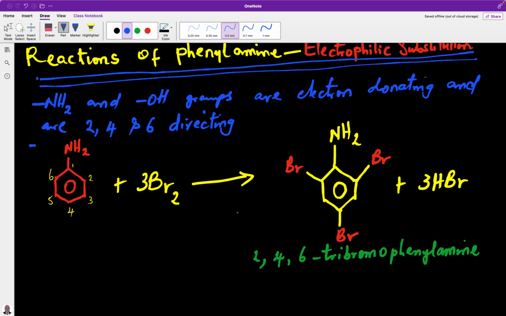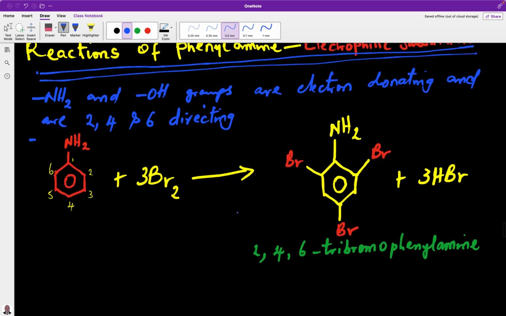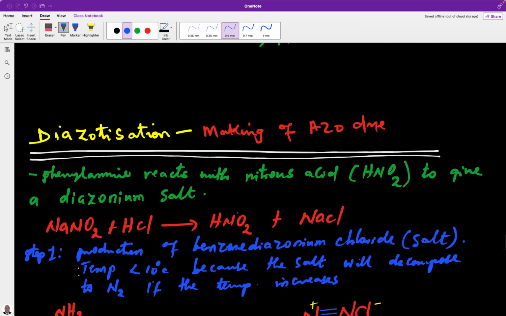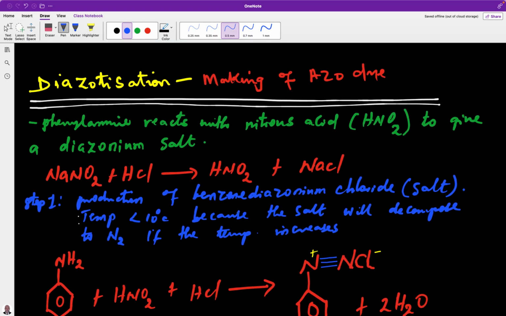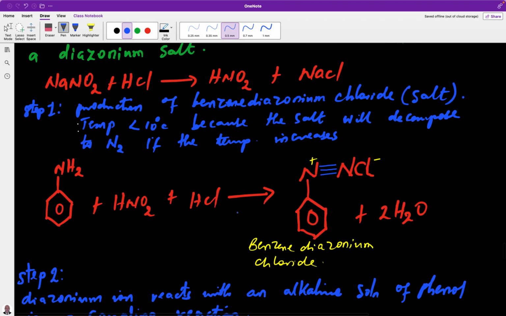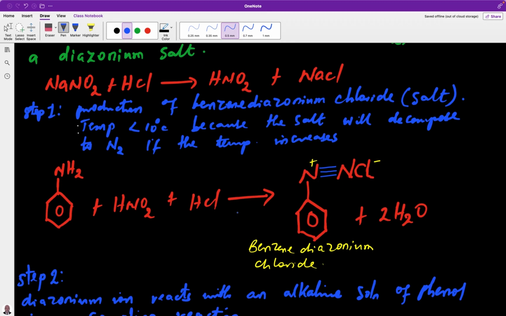That was the product. And then we went again for the reaction of diazotization, that is the formation of an azo dye. Diazotization reaction of phenylamine with nitrous acid. First of all, we get the nitrous acid, then react it with the phenylamine, and it will lead to benzene diazonium chloride.